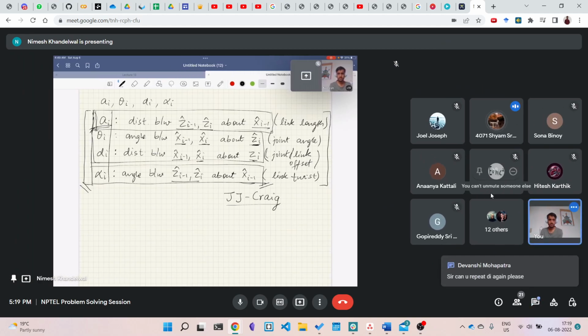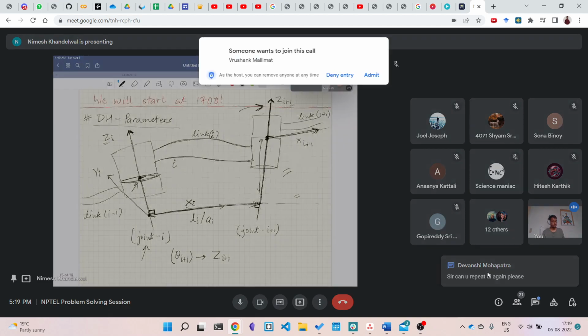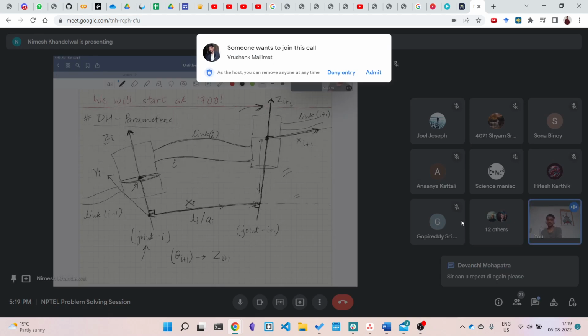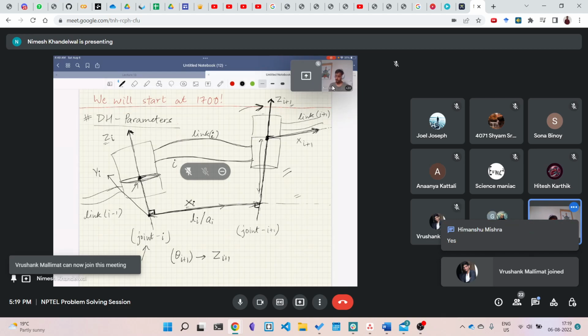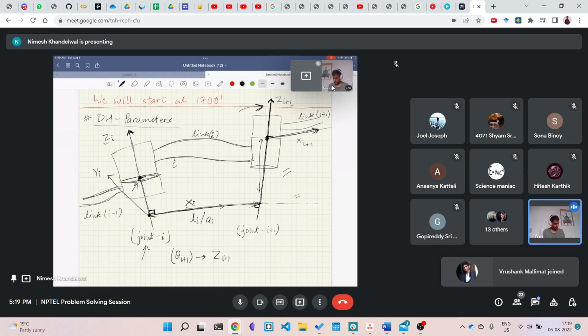Sir, can you explain the diagram once again, sir? Oh, yes. So this diagram is whatever I have made here. Wait, I'll use a different color. This is just your link.